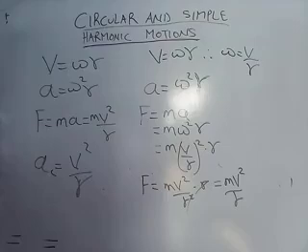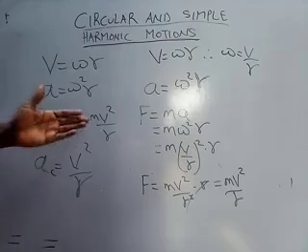If you have a challenge in any of the derivation, please let me know. You can go through the video again and again. This is what we need to calculate the force of an object moving in a circle.